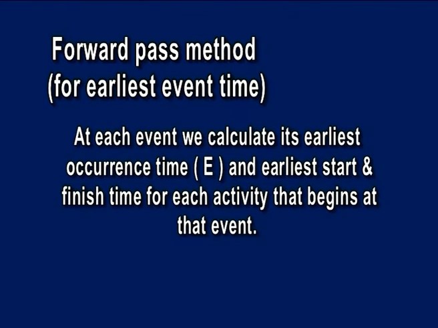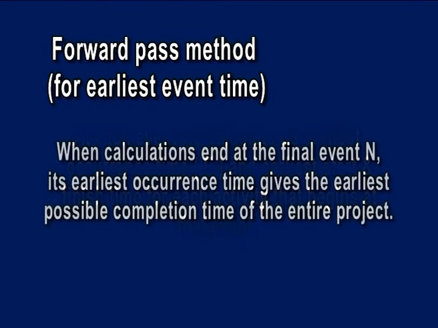At each event, we calculate its earliest occurrence time E and the earliest start and finish time for each activity that begins at that event. When calculations end at the final event n, its earliest occurrence time gives the earliest possible completion time of the entire project. The method may be summarized as follows.